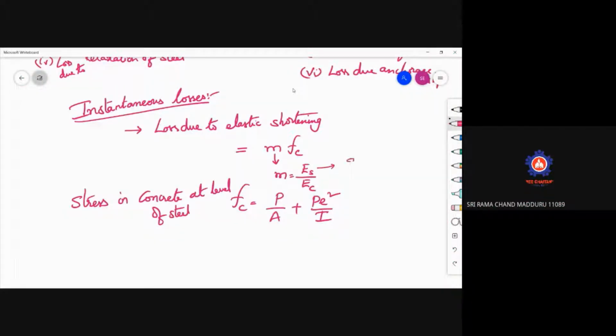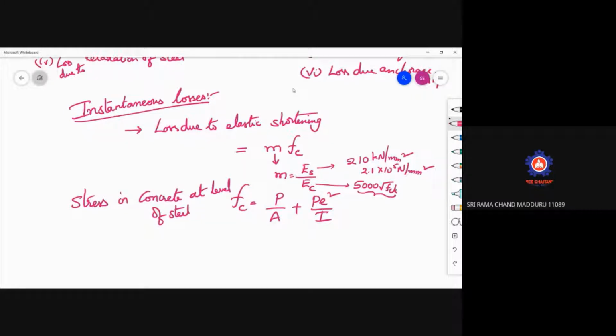where E is nothing but, if nothing is given, you can assume it as 210 kilonewton per mm square, or 2.1 into 10 power 5 Newton per mm square. Whereas EC is nothing but 5000 root FCK. We know this as per IS 1343 2012, if the grade of concrete is known, you can assume this as 5000 root FCK, that is Young's modulus of concrete.